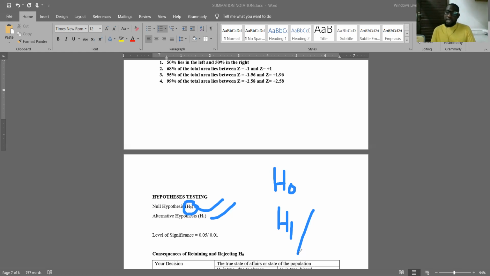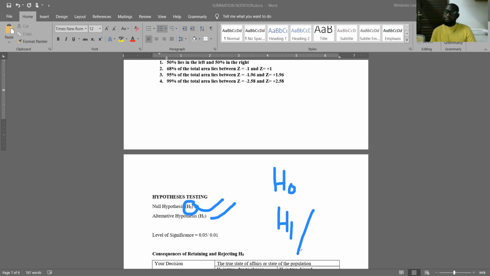And here comes the case, your H1 is saying males will perform better than females in terms of statistics. So what will be all options that will make H1 false? One option has to do with the fact that males could perform poorer, or between males and females, their performance will be the same.